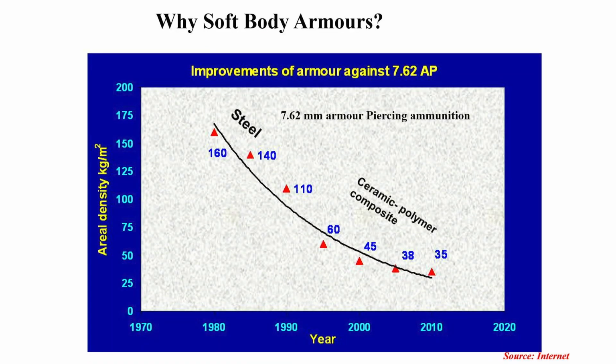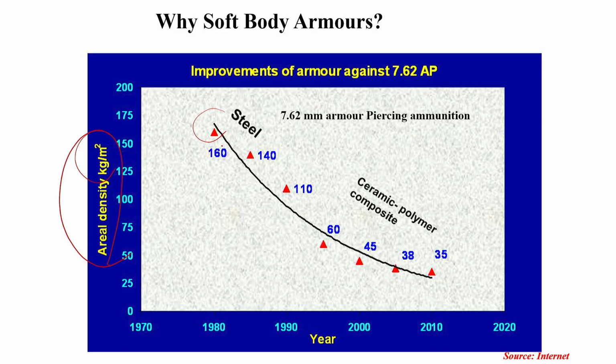So, you can see that for soft body armors, the main advantage is that the areal density, the mass, has reduced over time. You can see here the kg per square meter; the mass was initially very high.